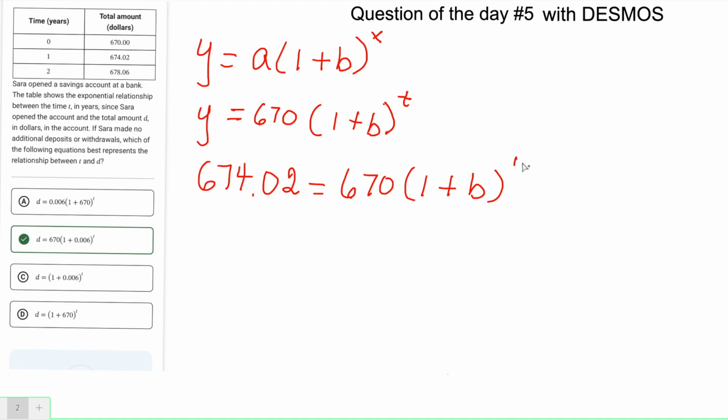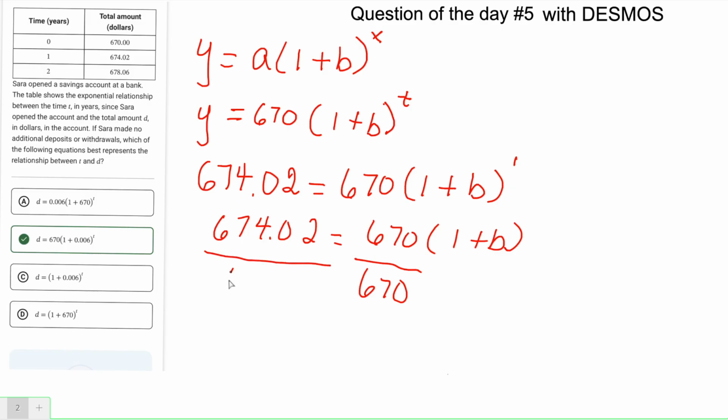Okay, so 1 to anything to the power of 1 is itself, right? So 674.02, leaving you with 670 and 1 plus B. All right, let's go ahead and get rid of this 670.